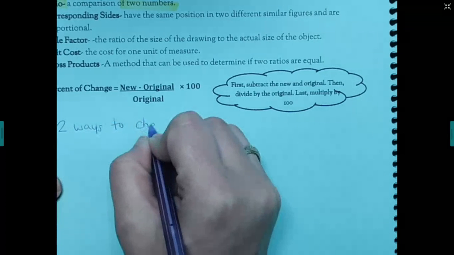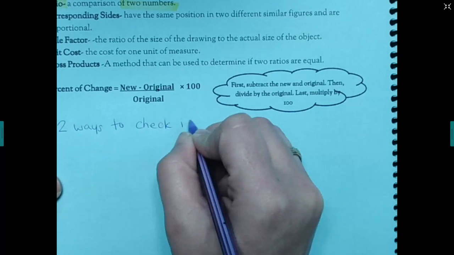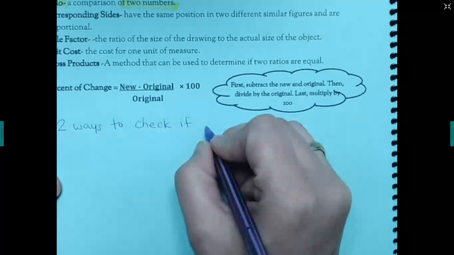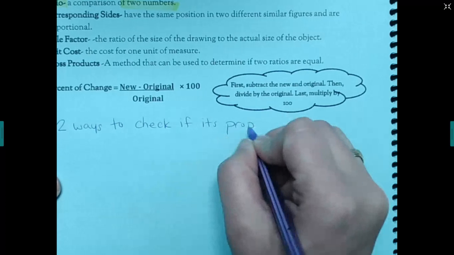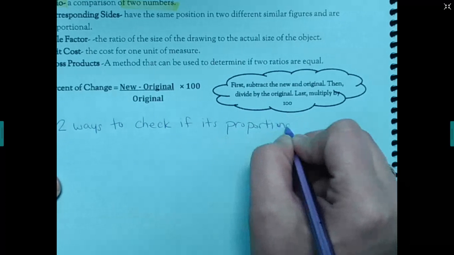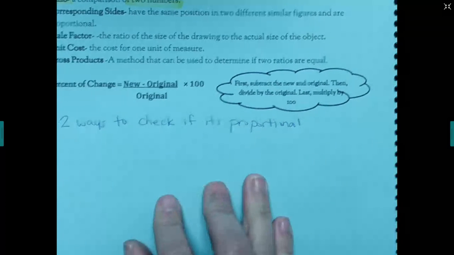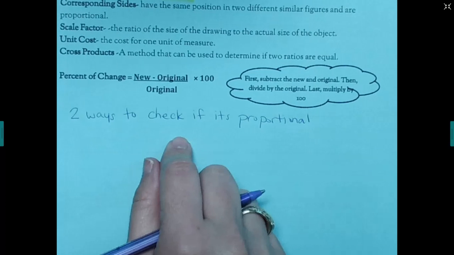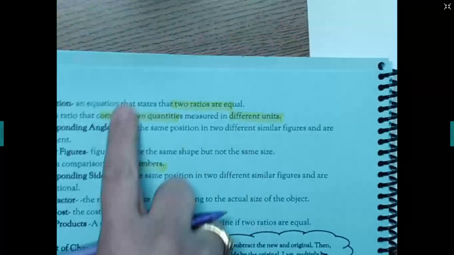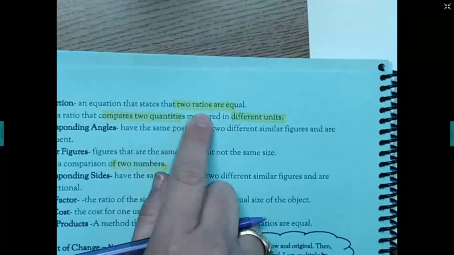It does not matter to me which one you pick. This is going to be super important for this unit. Up here we said a proportion has 2 ratios that are equal.